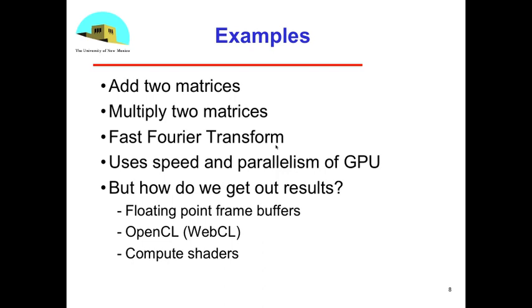One is that we're starting to get floating point frame buffers, so that RGBA components are stored as 32-bit IEEE format floats, and so we can get those back and get a real result with some accuracy. And I suspect very soon we'll have fragment processors that support double precision too.